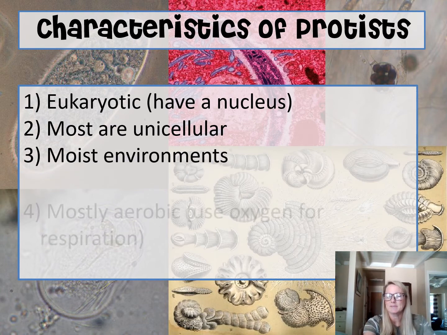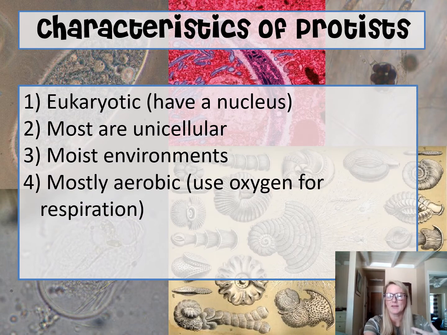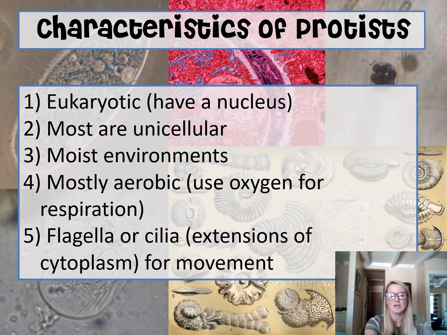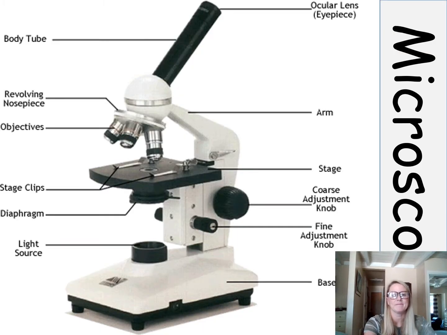They also tend to prefer moist environments, so things with water around them. They do like the use of oxygen, so most of them are aerobic. Aerobic means you use oxygen. And the last thing, they usually have something for movement, whether it be a flagellum or cilia, to help them move in those environments to get from point A to point B.